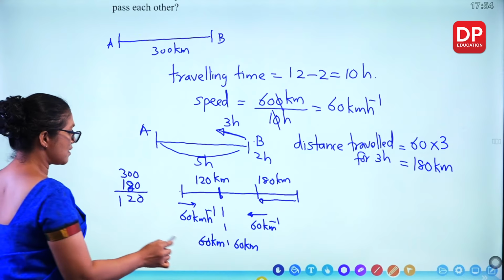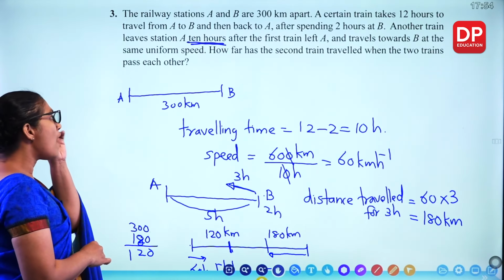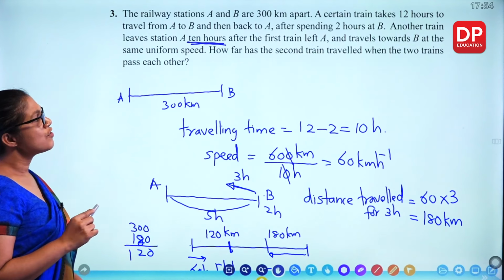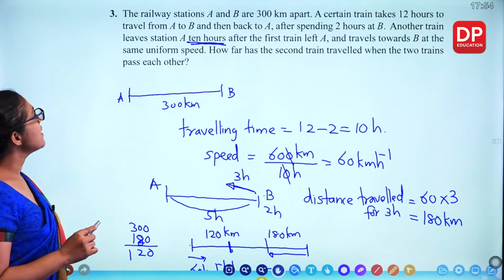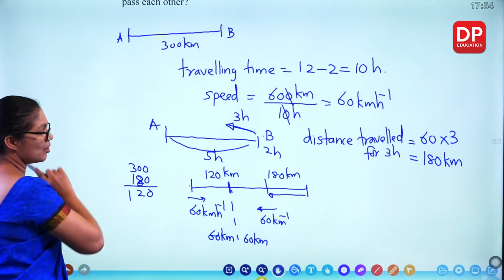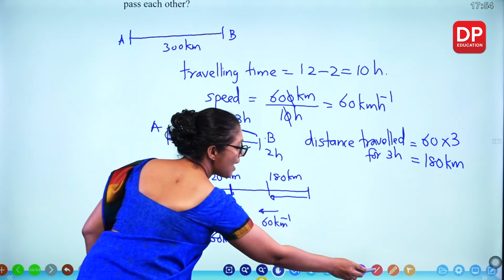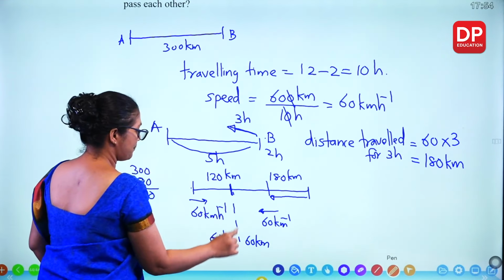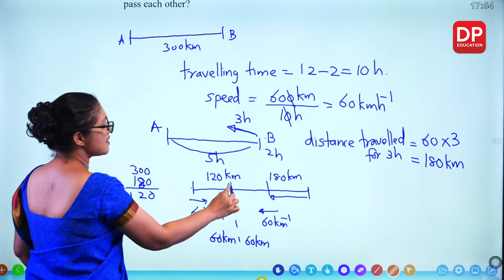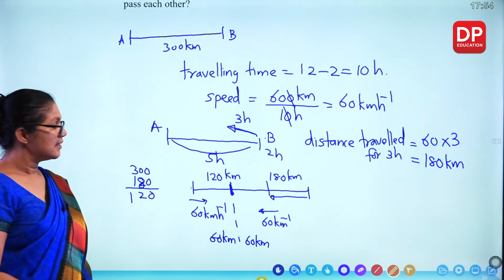Now what was the question? The question asked, how far has the second train traveled when the two trains pass each other? So when the two trains come here, they are asking what distance the other train travels.